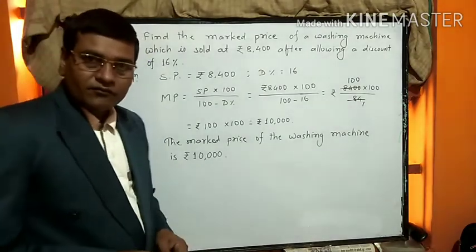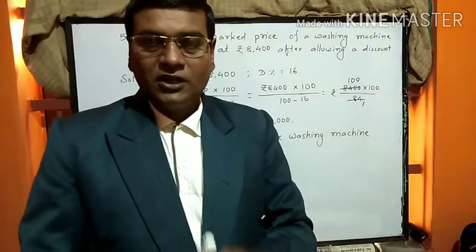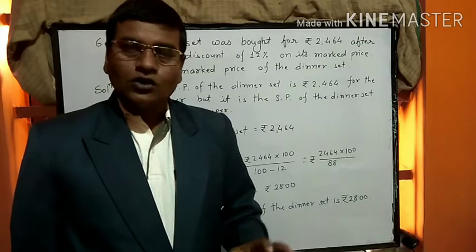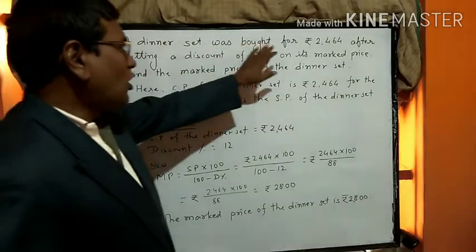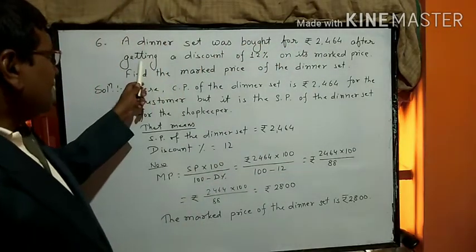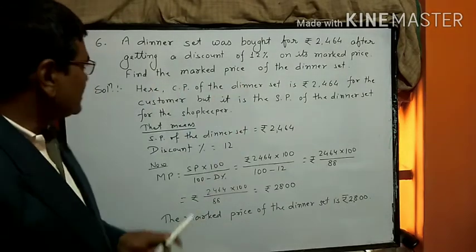Remember one thing, you have to remember all the formulas first so that you can solve it easily. Now question number 6. A dinner set was bought for rupees 2,464 after getting a discount of 12% on its marked price.